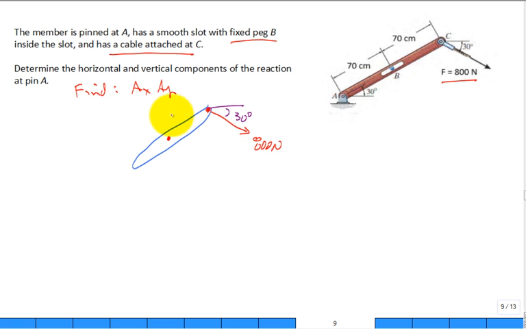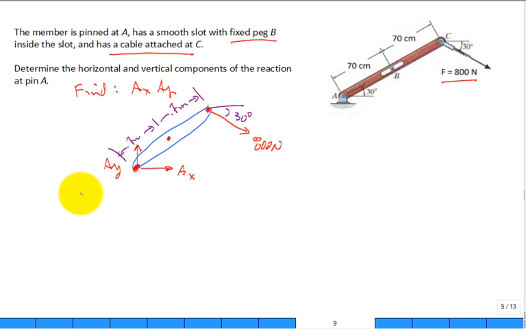We'd have our dimension 0.7 meter, 0.7 meter. And down here at A, unless you're good at it, I would just say, look, that's my direction AX, and this is my assumed direction AY. And I could get a negative answer for either one of those.